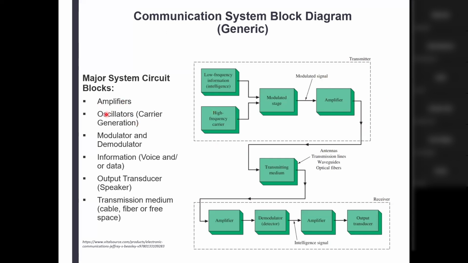Major blocks, amplifiers, oscillators. Okay, so here's the idea of the carrier. A carrier would be, in this case, a high frequency signal that is transmitted all the way, so the tuner right here can be tuned in to that carrier.